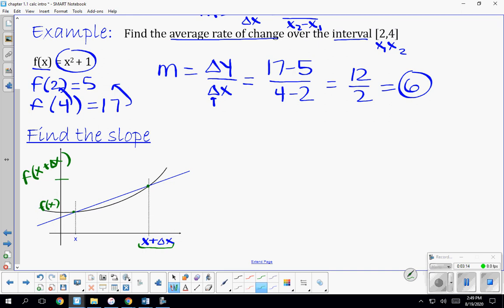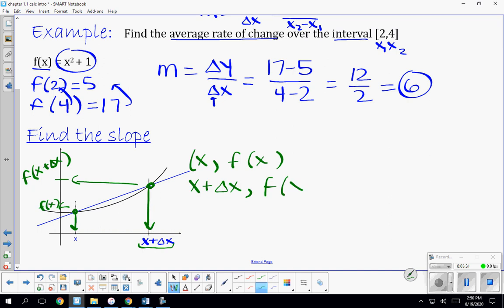And so now I essentially have two ordered pairs. The ordered pair for this point has an x coordinate of x and a y coordinate of f of x. And the second ordered pair has an x coordinate of x plus delta x and a y coordinate of f of x plus delta x. So these are two ordered pairs.